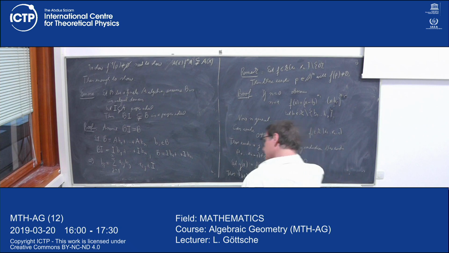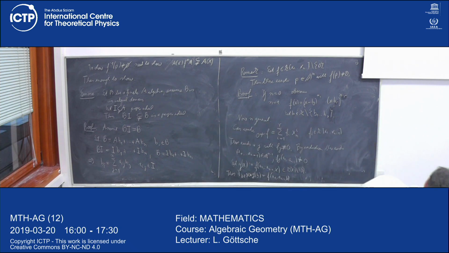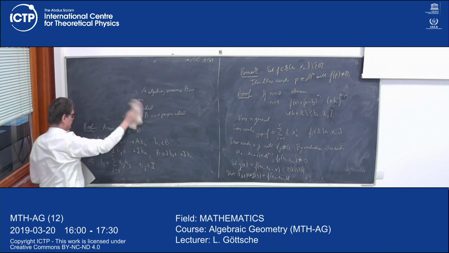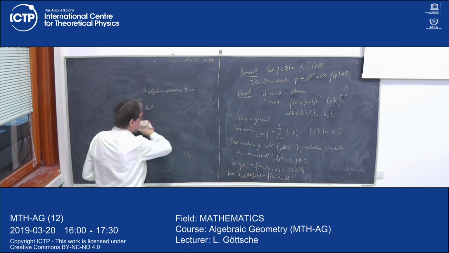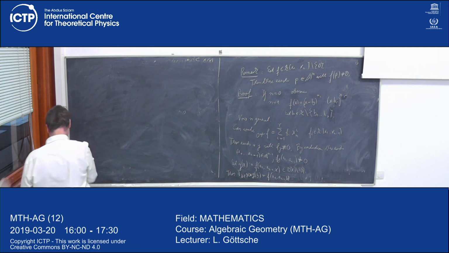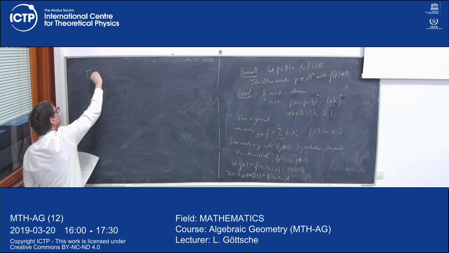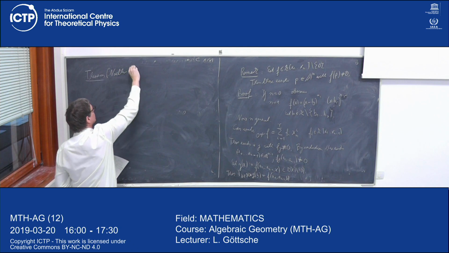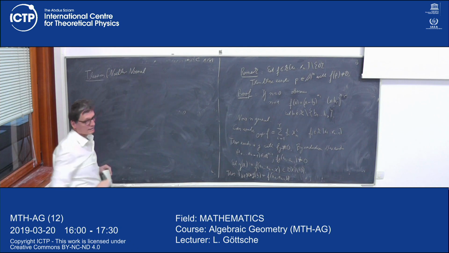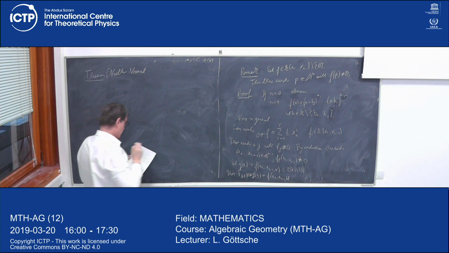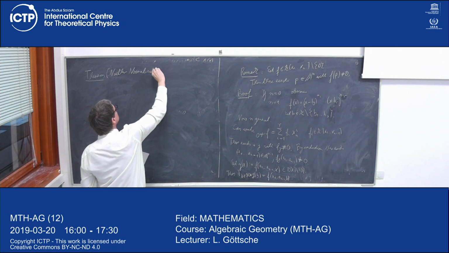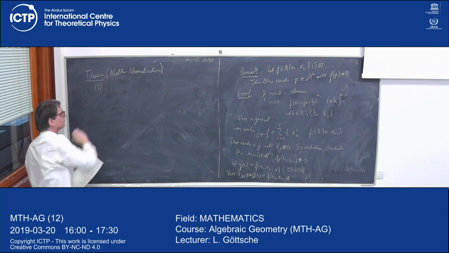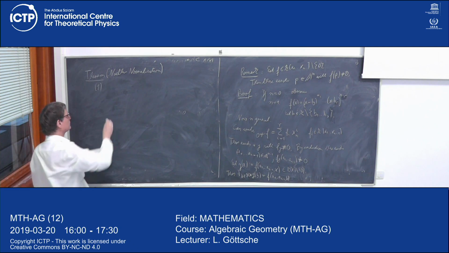And now let me at least state the Noether normalization theorem, and then I let you read these. So I think the original Noether normalization would be an algebraic statement. I formulated it geometrically. First, which is actually mostly needed for some kind of reduction step, but we also need it simply later.